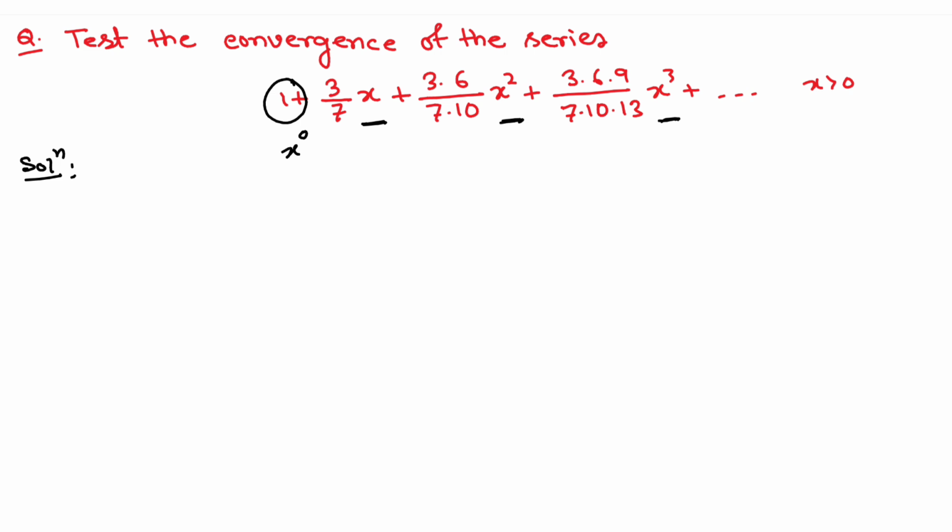But in my first lecture I told you that the number starts from n equals 1, so obviously we cannot take x to the power 0. Clear? That means the first term is not satisfying the pattern of the series, so obviously we have to omit the first term. So let's write: omitting the first term.